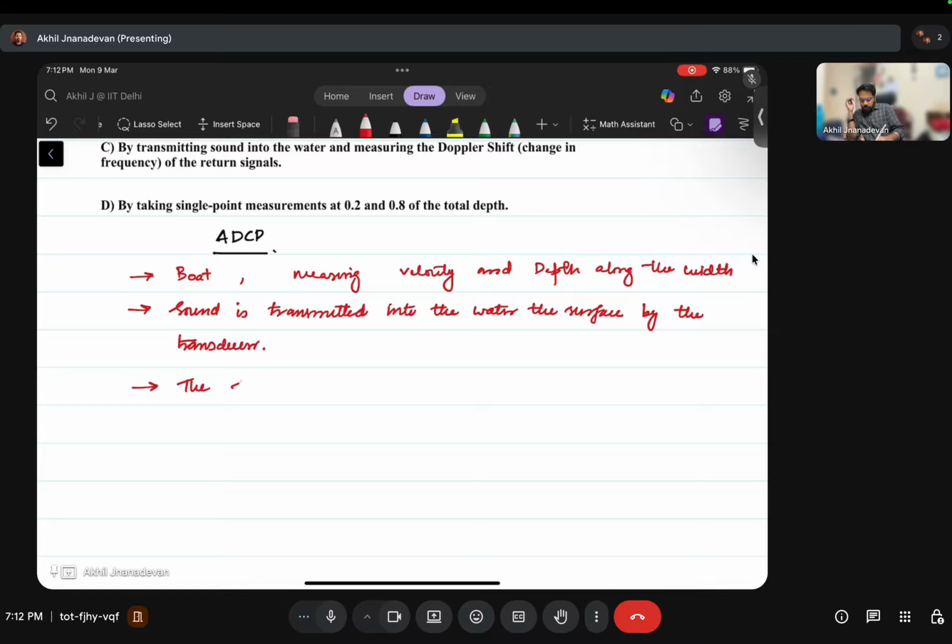So the change in frequency of the transmitted signals, this is called the Doppler effect or Doppler shift, is measured and it is converted to velocity.